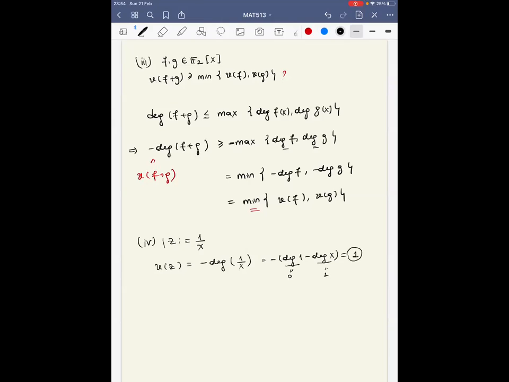We see that we have such an element in F2 of x. And for every non-zero constant, we know that its polynomial degree is 0. And this also shows that their valuation is also 0.